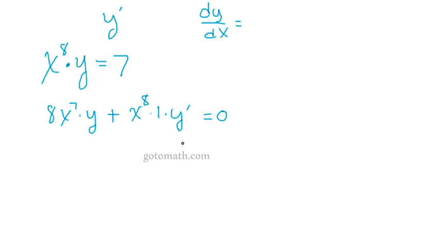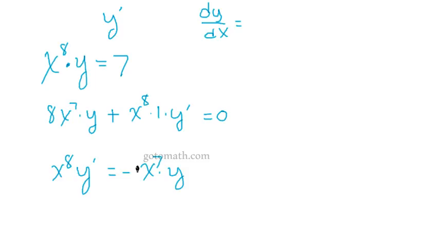Now what we'll want to do is solve for y prime in this problem, and that's actually pretty easy to do. I'm going to write it down here, and we'll do it in steps. If you took this over to the right hand side, we'd have negative 8x to the 7th times y.